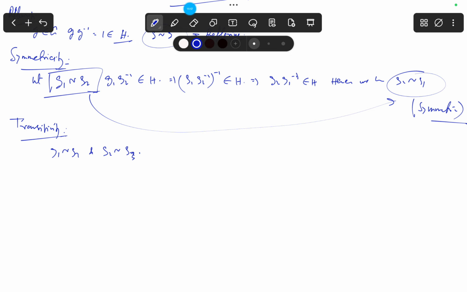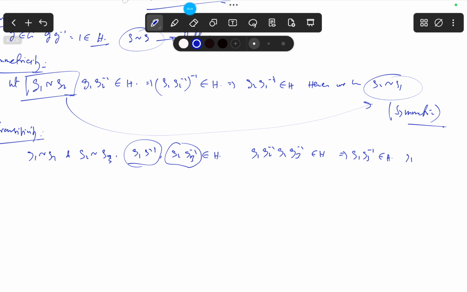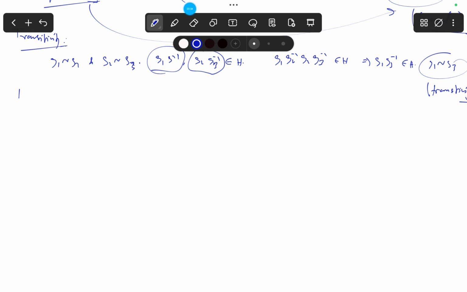So then g1 g2 inverse and g2 g3 inverse have to be there in H. Now what we can do is multiply this one and this one, so g1 g2 inverse g2 g3 inverse has to be there in H, which means that g1 g3 inverse is in H. Hence g1 is related to g3. So that is the transitivity. That means the relation is an equivalence.